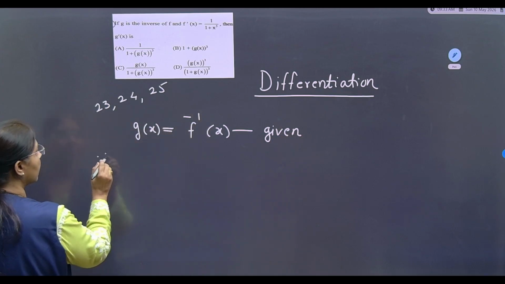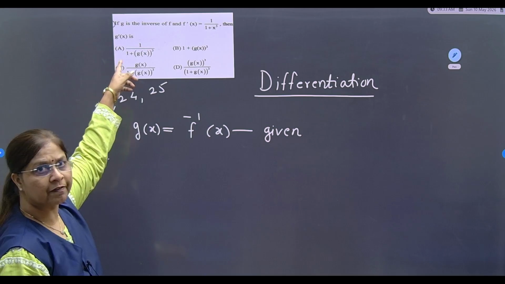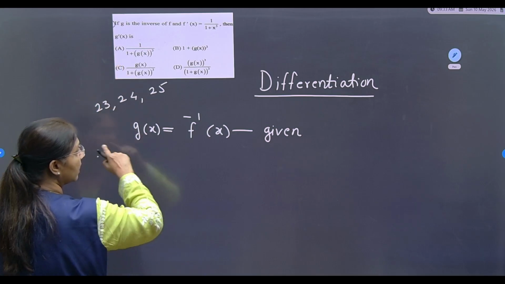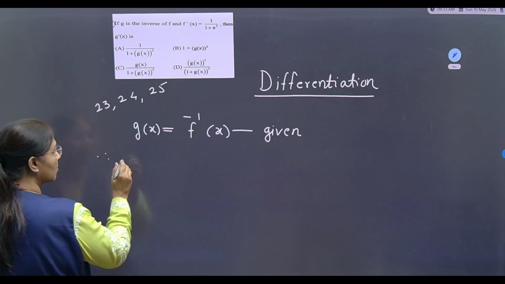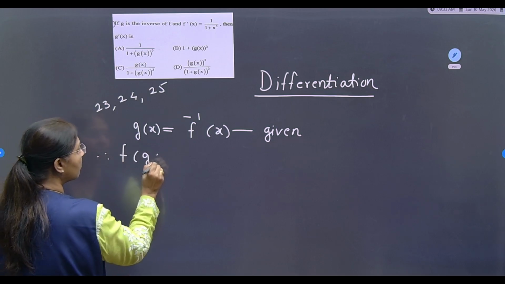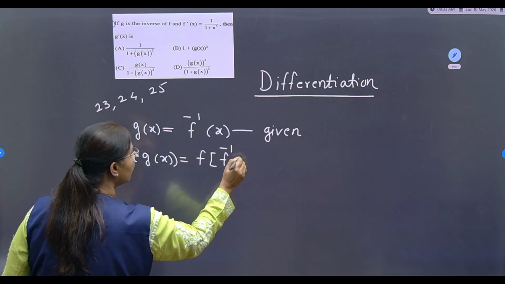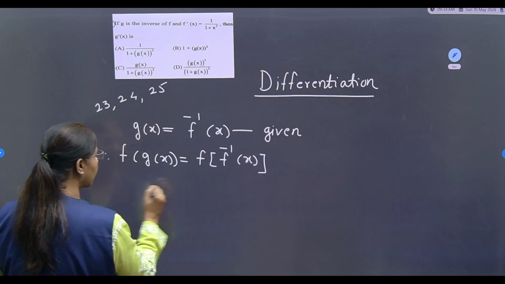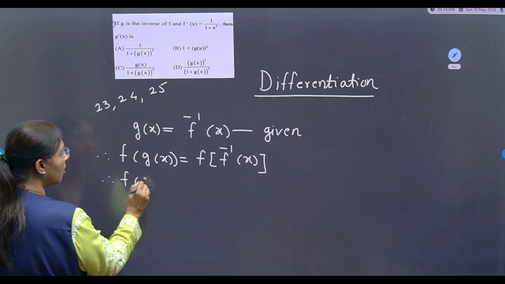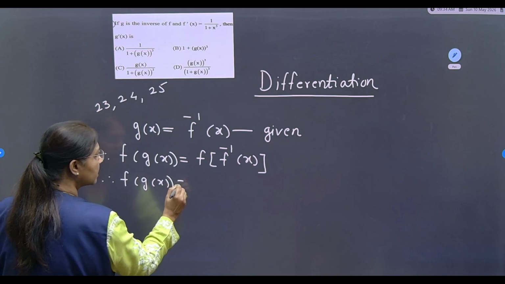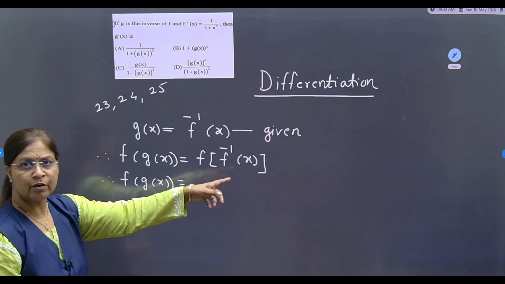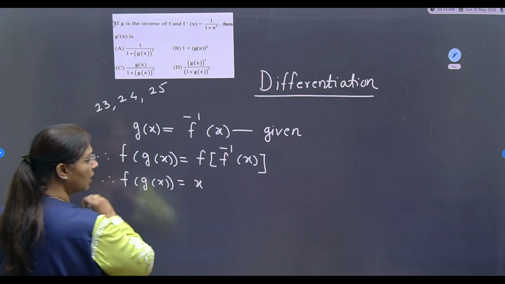Then steps are, question, find g dash of x. Next, taking f function on both the sides. Therefore, f of g of x is equal to f of f inverse of x, which is equal to x.